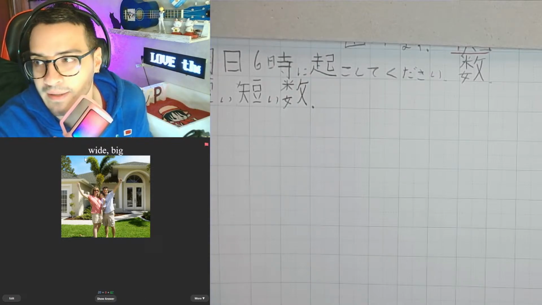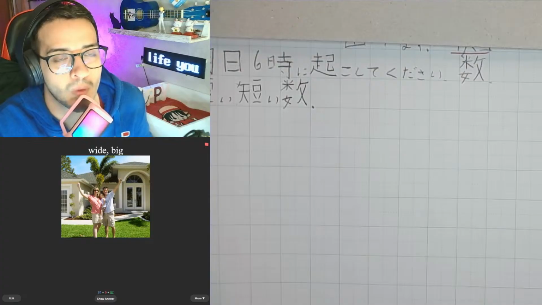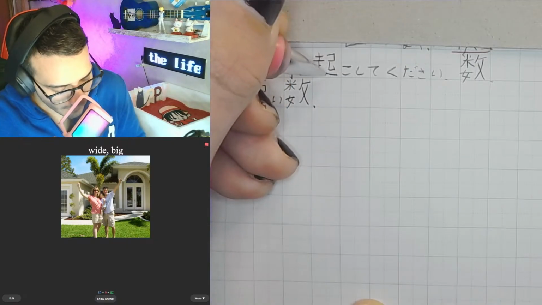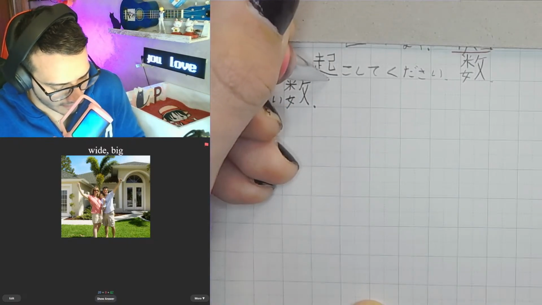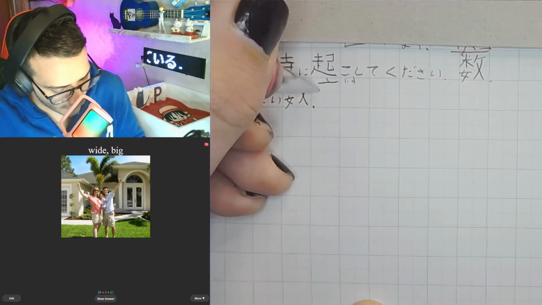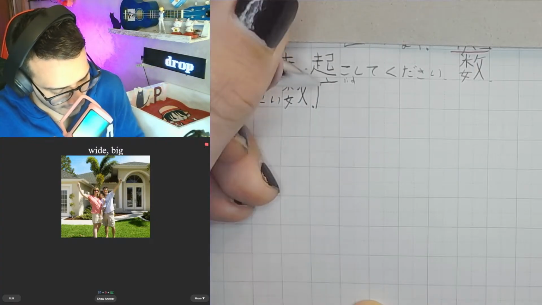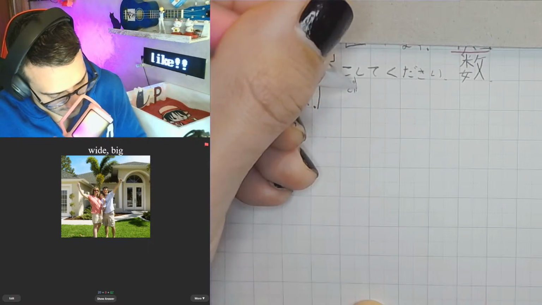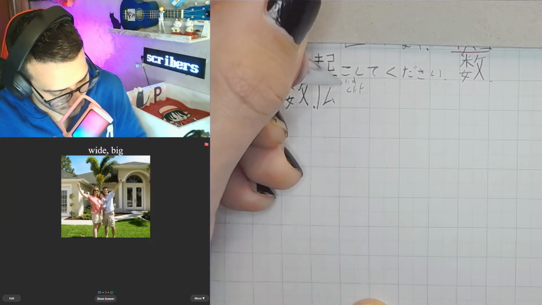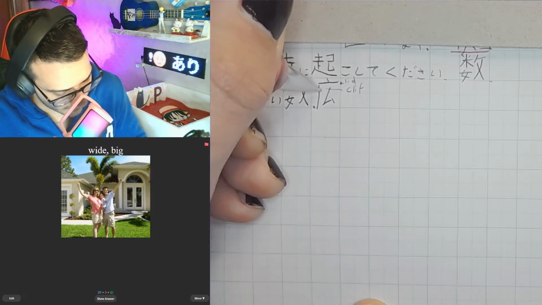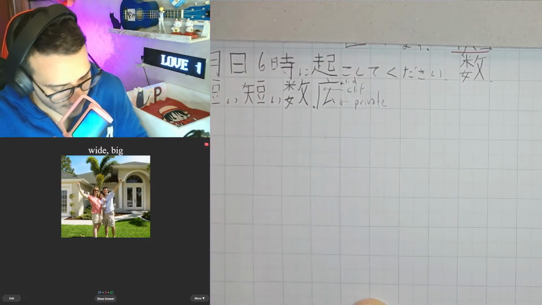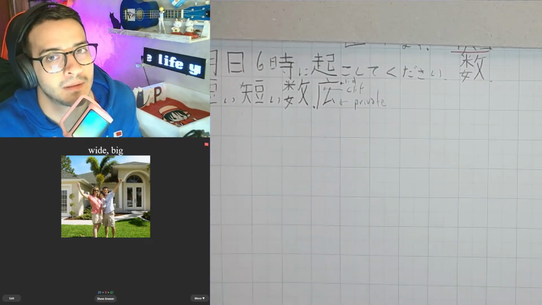How do we say wide or big in Japanese? Here, the radicals in this kanji are the cliff, and inside you have the private radical, which is the same we also find in watashi.